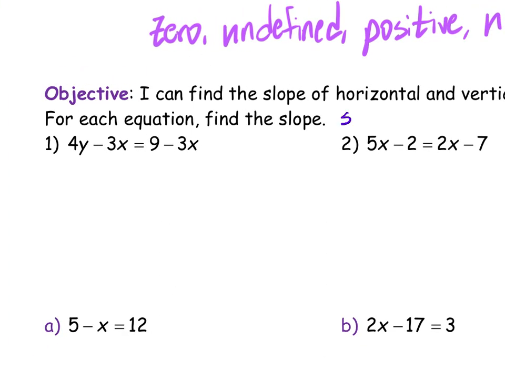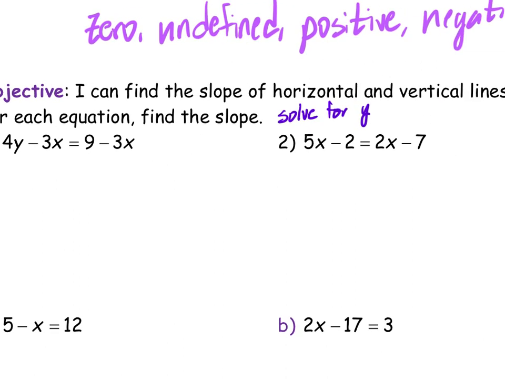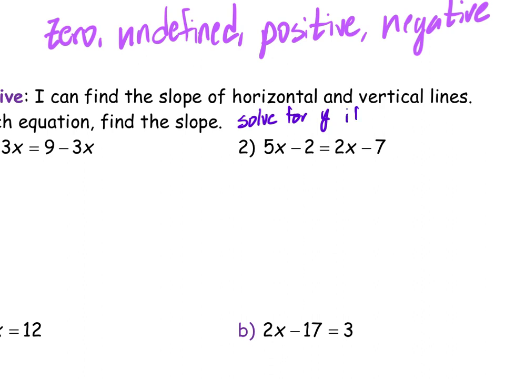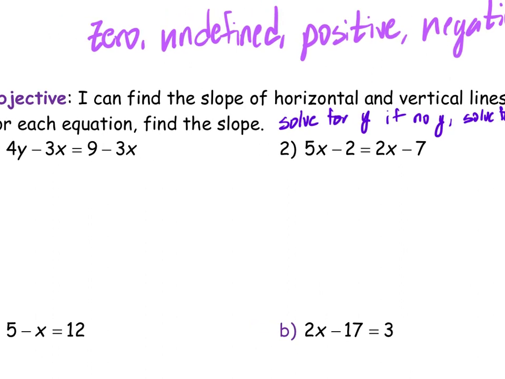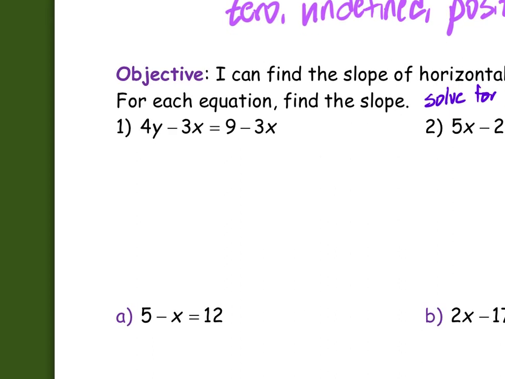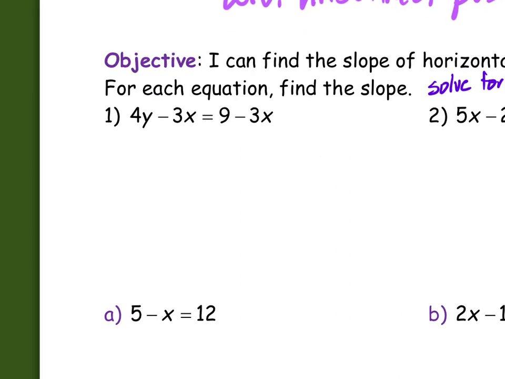I'm going to solve for y, or if there's no y, then solve for x. So I'm going to look and see if there's a y. Yes, there's a y in this equation, so I'm going to solve for it.